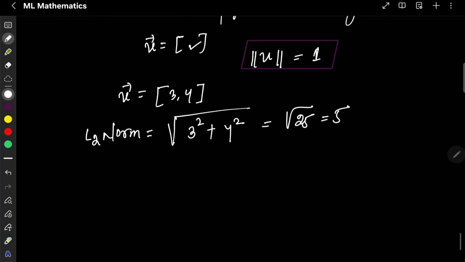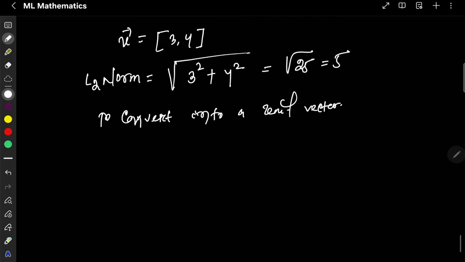The moment you find the L2 norm, let's convert it into a unit vector. How? To convert into a unit vector, you need to divide your vector by this particular magnitude, right? So, magnitude normalization of the value.